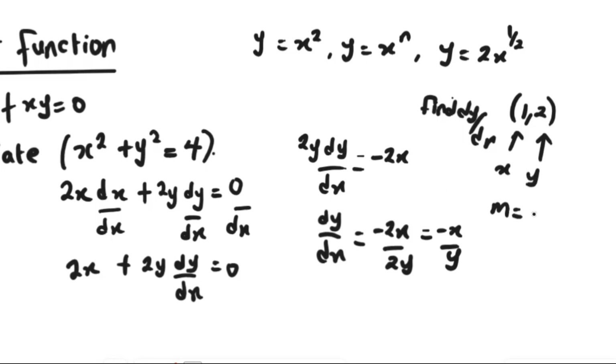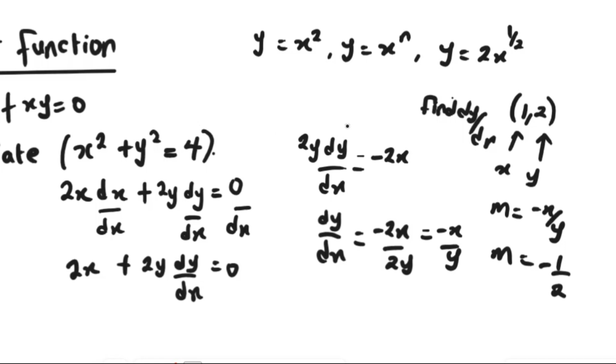So the gradient at that point, which we defined as minus x over y, gives us m equals minus 1 over 2, where we substitute 1 for x and 2 for y. So that's the very first basic example we are taking under implicit function.